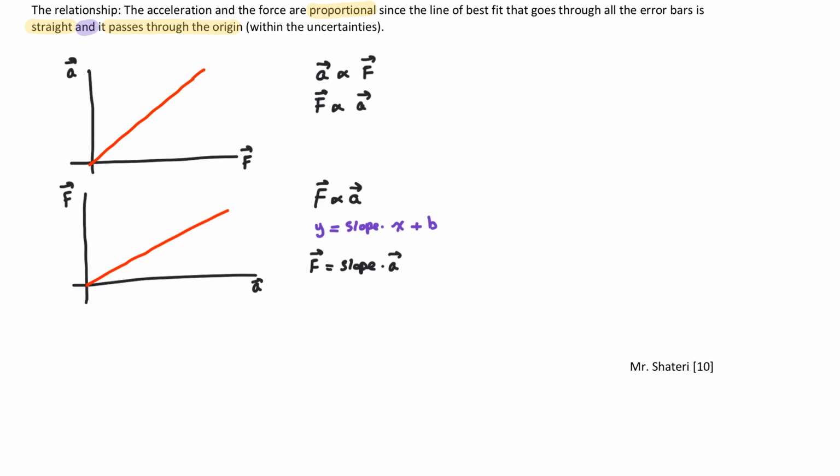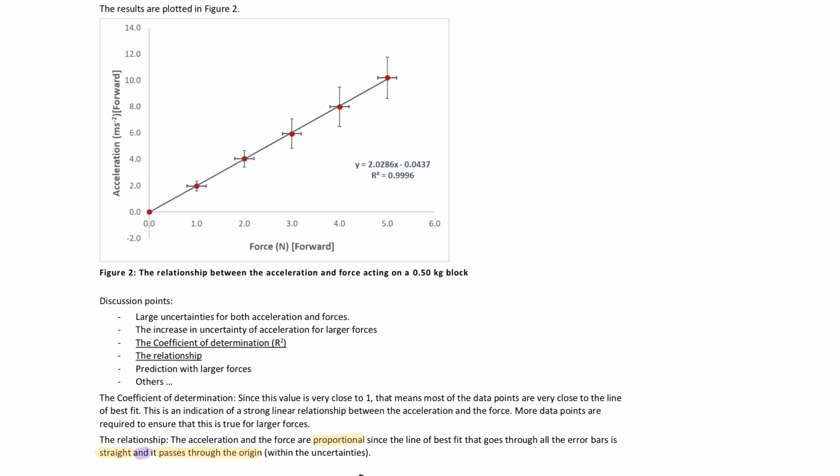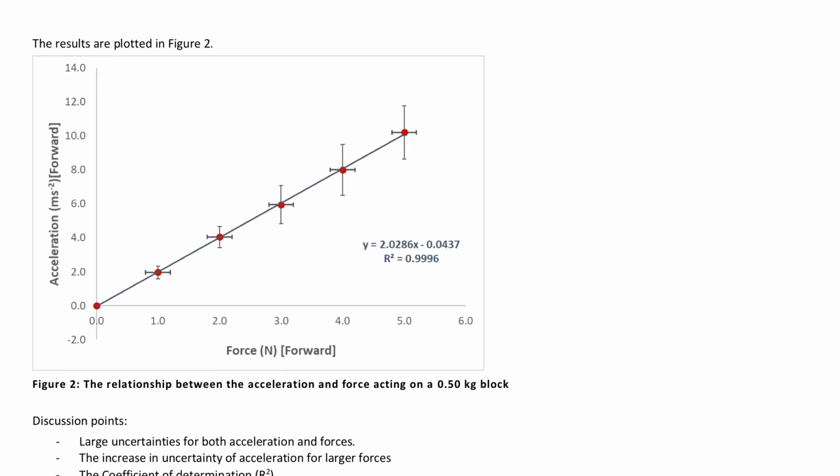If I look at my graph that I just did, we can see that the relationship was about the acceleration and force. I'll just write it out here. Acceleration was proportional to the force. That means acceleration would equal some sort of slope value multiplied by the force.